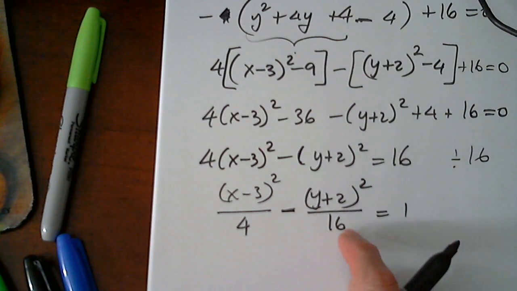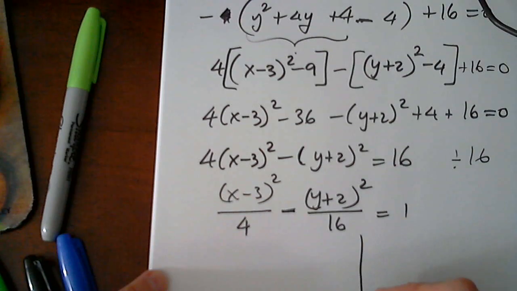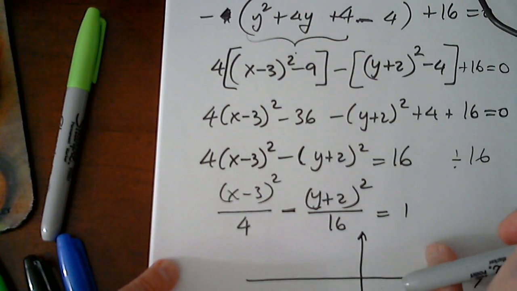Since negative is in front of y, the transverse axis is where? Horizontal or vertical? Maybe I should move to the next page.